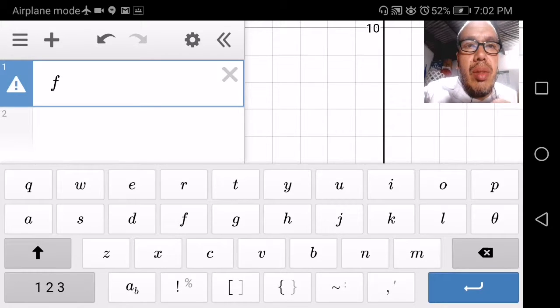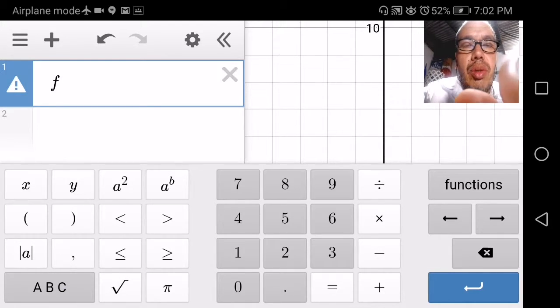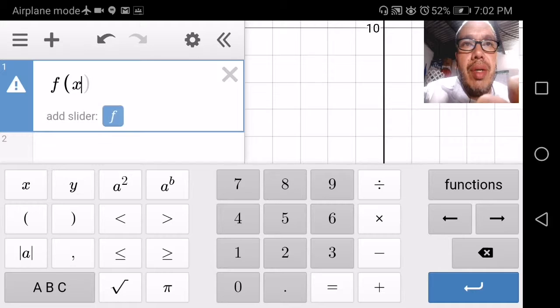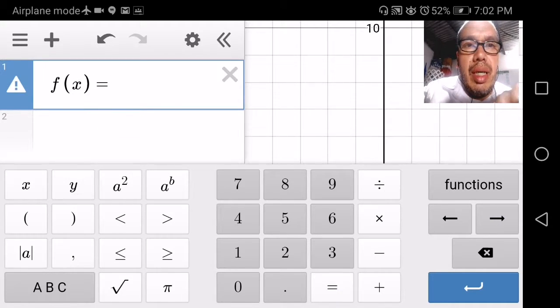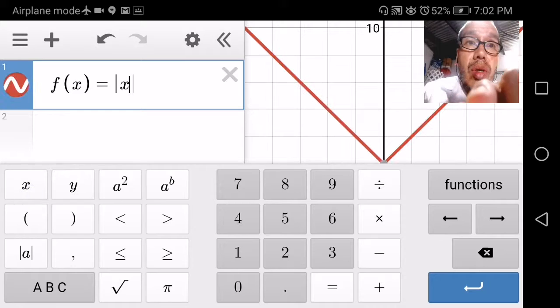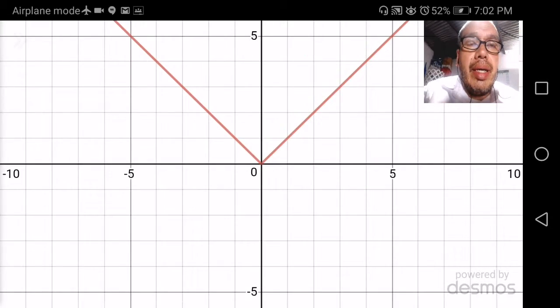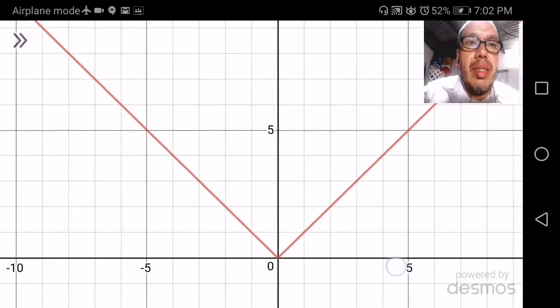And we're gonna start with the basic absolute value function. What this absolute value function does is that it takes a number and it turns it to its absolute value, which is positive. So if you do that with a regular x variable, what you get is this.